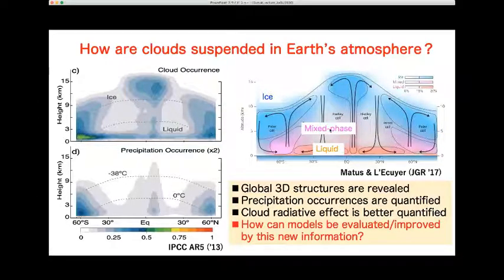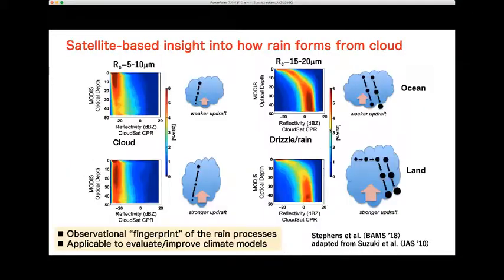So now we can use this kind of information from the new observations to better evaluate and improve the climate models and climate predictions. Okay, so I will skip this.